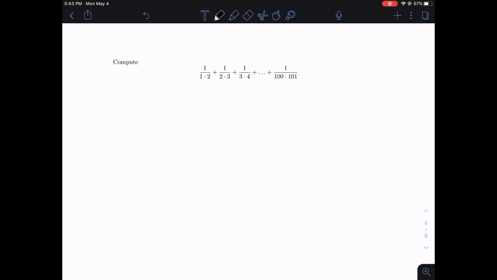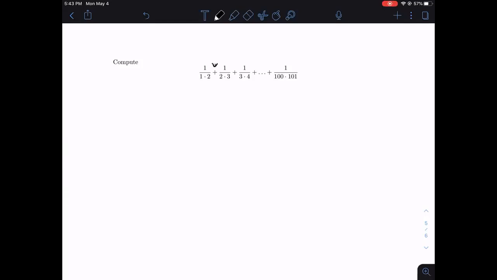This is also a classic that's hard if you've seen it before and not hard if you haven't. Wait, are those plus signs or are those multiplying signs?